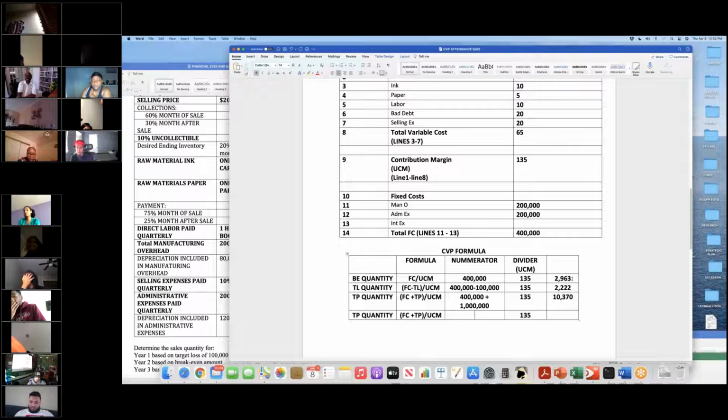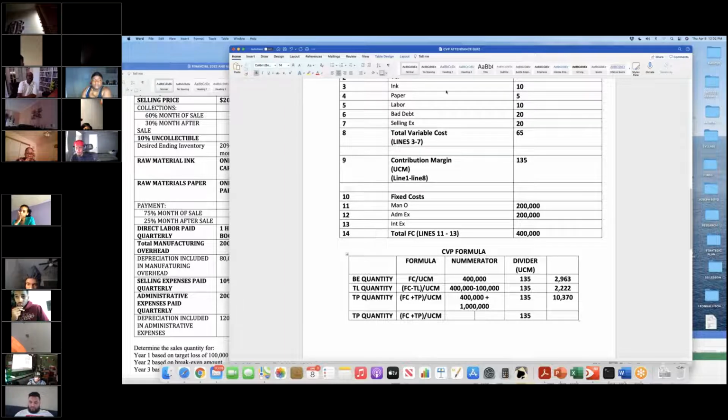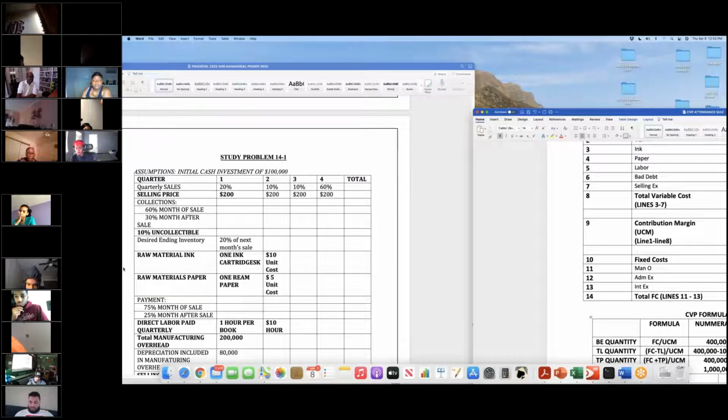Yes, thank you. Where'd you get the bad debt expense? We go back to the assumption that's 10% uncollectible. That's 10% of the selling price. Okay.